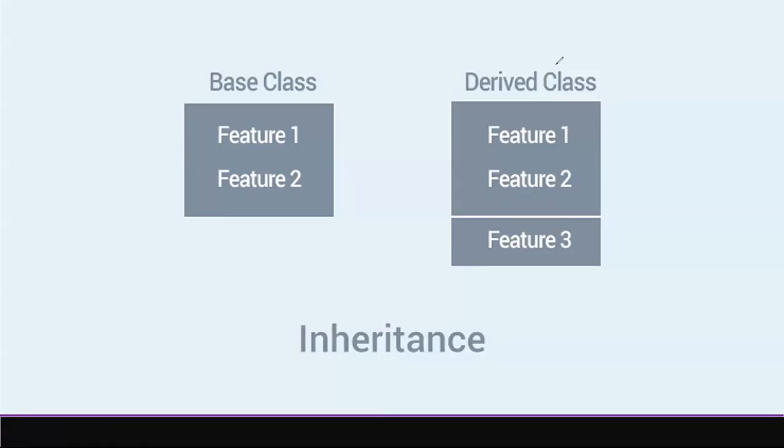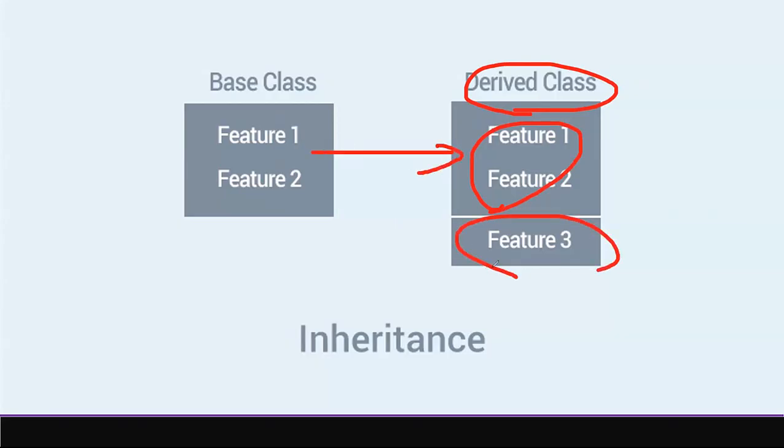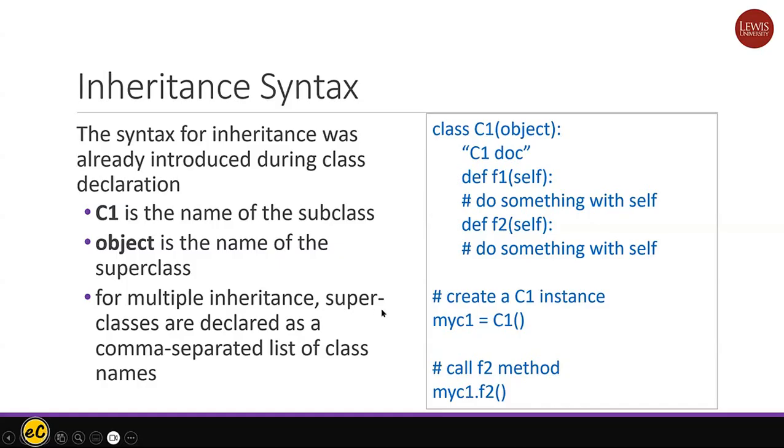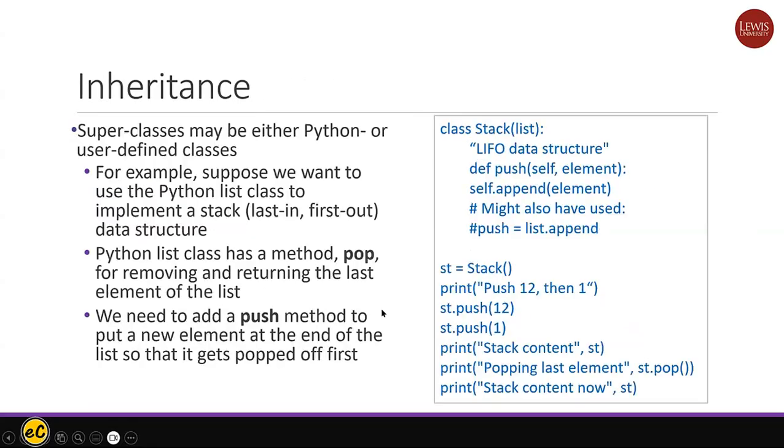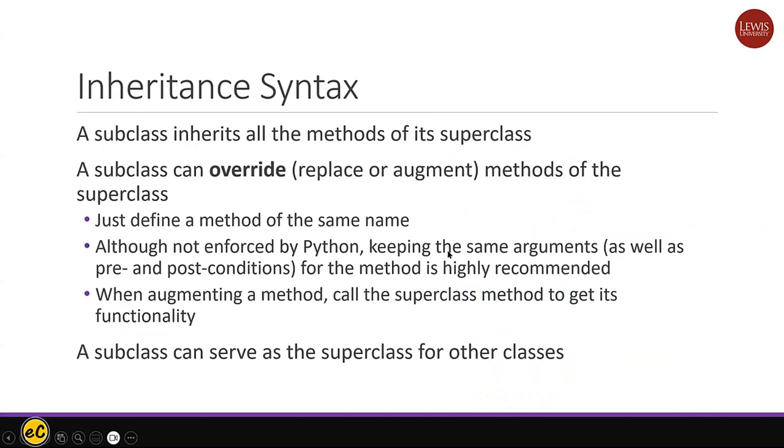So basically, your derived class may have feature one, feature two that come from the base class, but you may add one more feature. Usually the derived class is bigger and more specific, and the base class is smaller but more general. Okay, this is about inheritance.